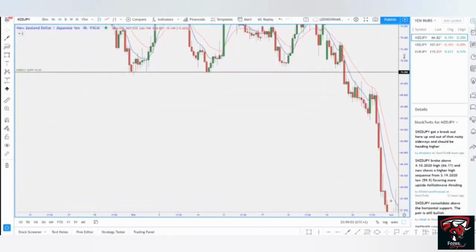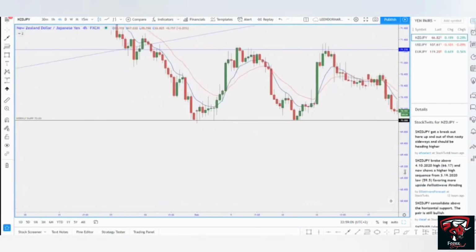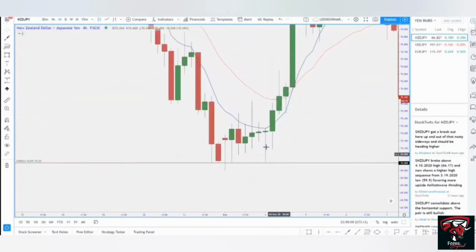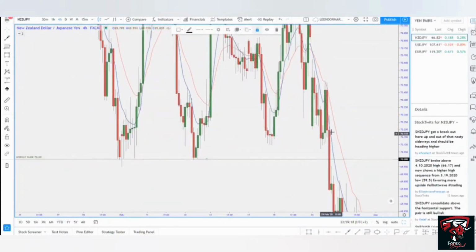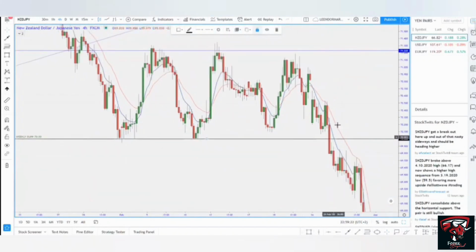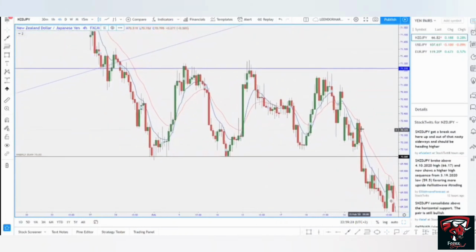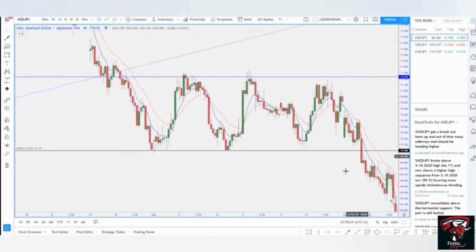Even here, you can see how we got wicks at the bottom, meaning that this level was holding. That whole area was an area of wicks, and from there you did see a bullish run. But here we did get a clean bearish closure from that level, and this was a clear indication that we're trending down.